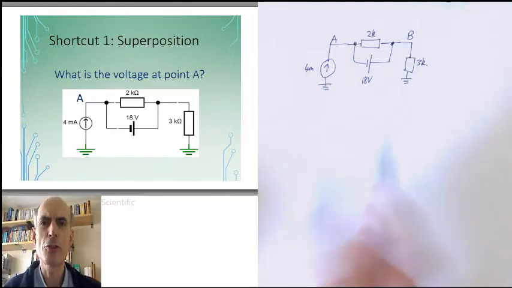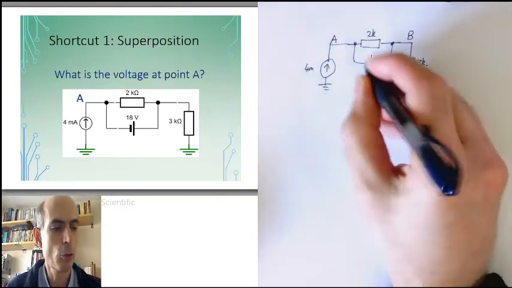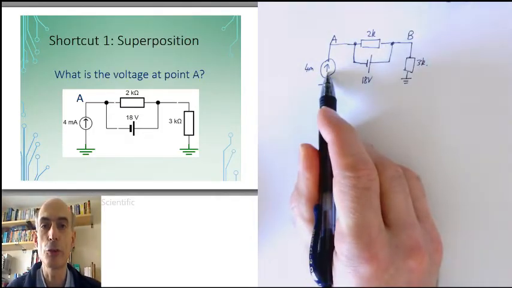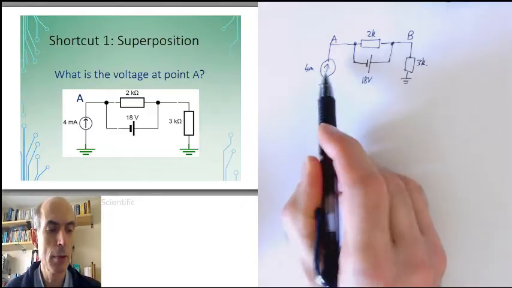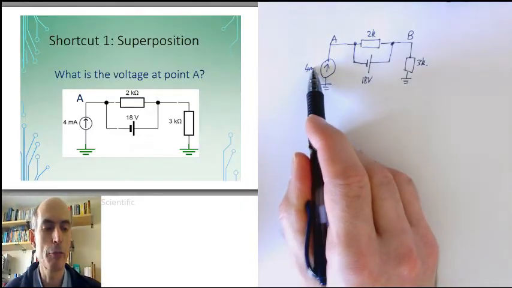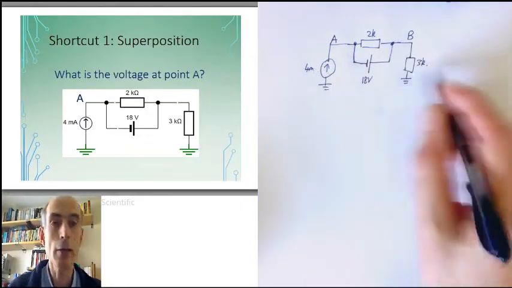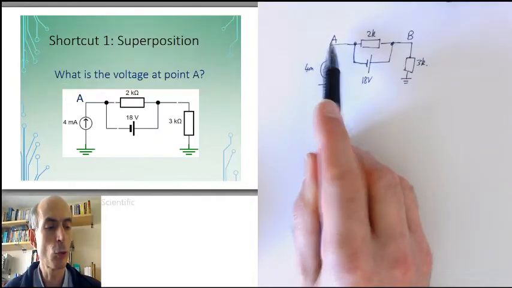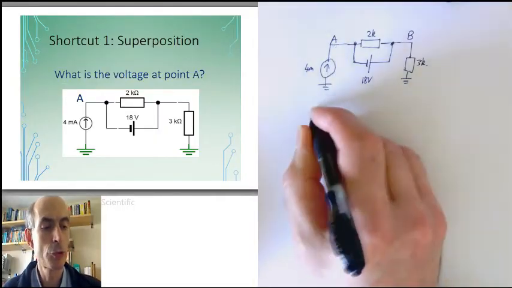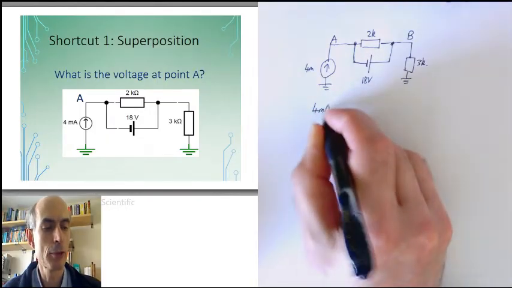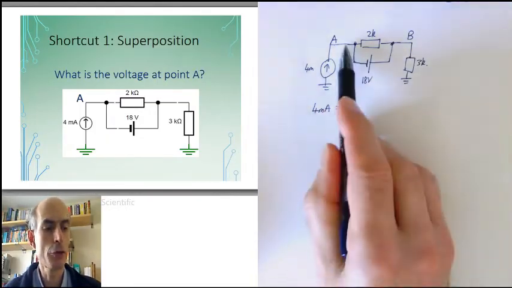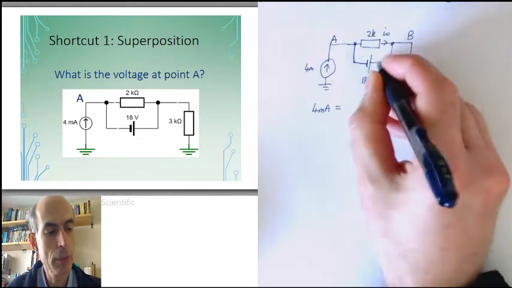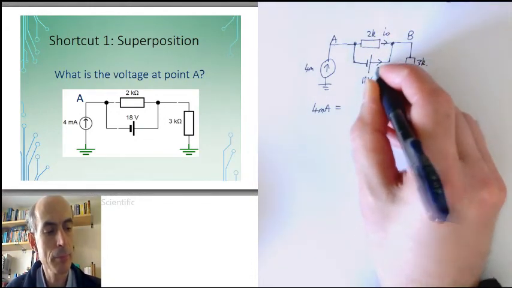I'll take some of the shortcuts that I've talked about before. I won't define the current through this current source as a variable because I know it's just going to be 4 milliamps. So that leaves us with applying Kirchhoff's current law to node A, which would give us 4 milliamps equals the current through the 2K resistor. I'll call that I0 and this one I1.